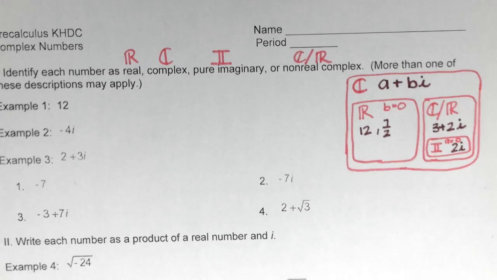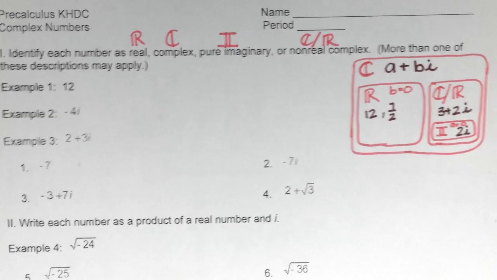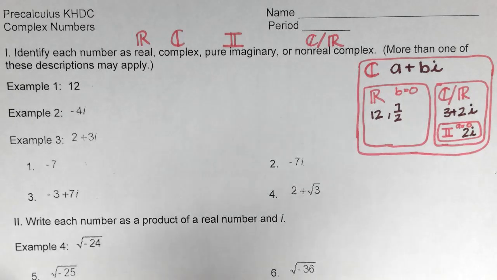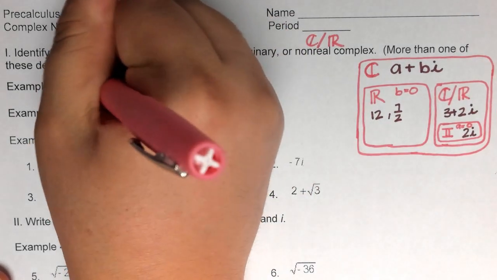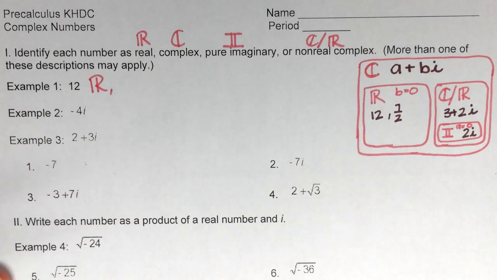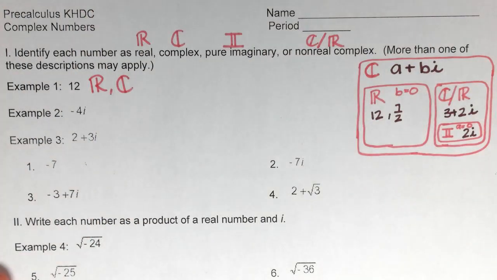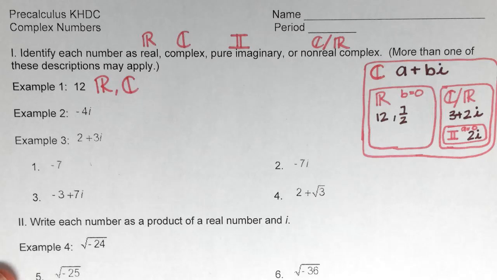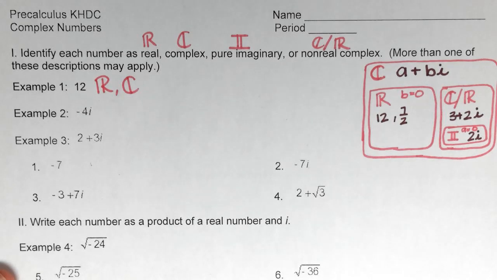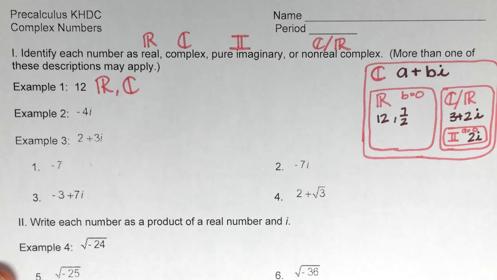So what does 12 fall under? 12 is a real number, and all real numbers are complex. So 12 is real and complex. What about negative 4i?